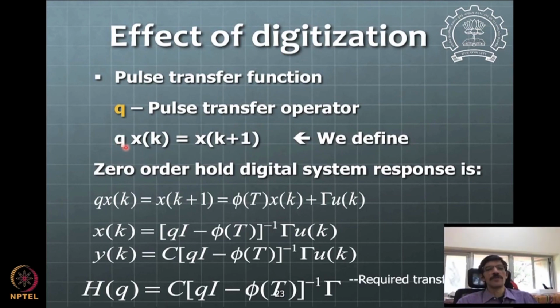We now get these equations or transfer functions in this operator variable q. Okay, so if you now see again our previous system, we had x of k plus 1 is equal to, this was our derived equation previously.